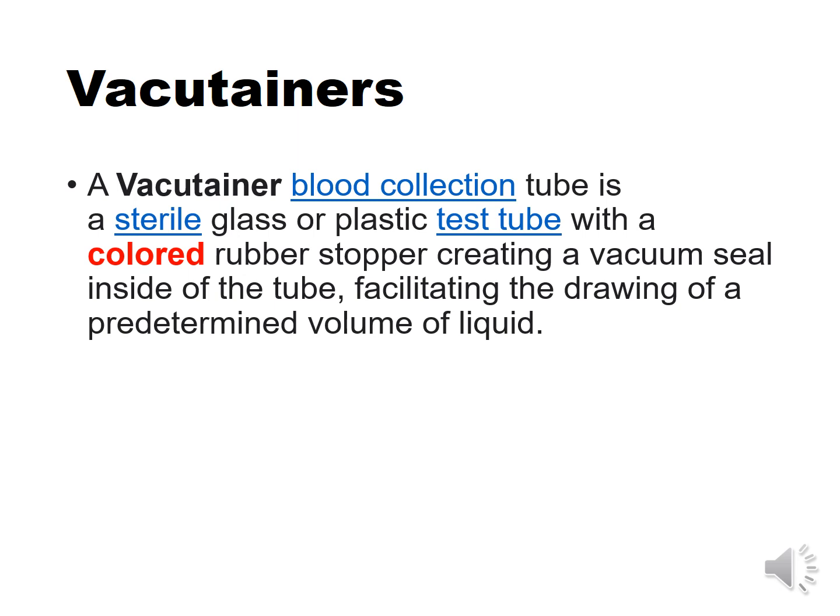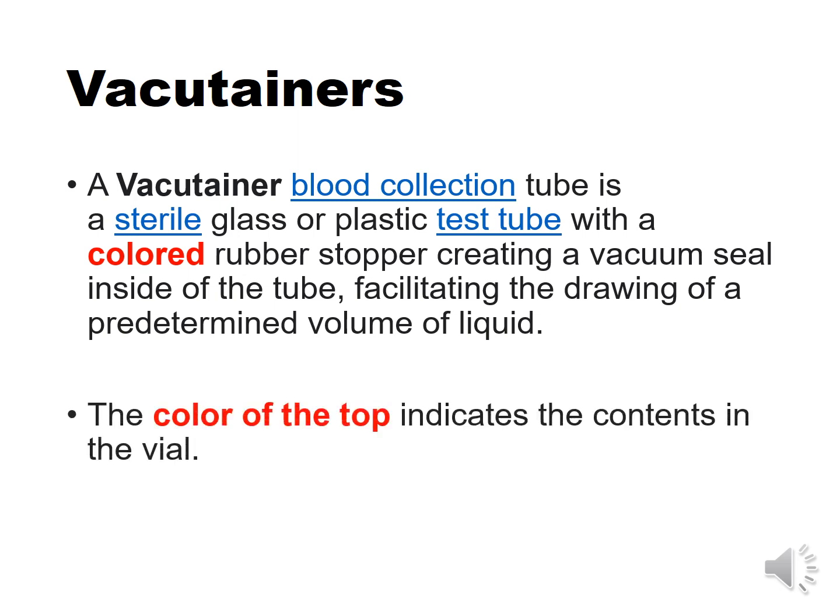It is a closed transportation of the blood, so no sepsis or contamination can occur. The color of the top is important, and that is how you identify the vacutainer or select the tube for a particular investigation.